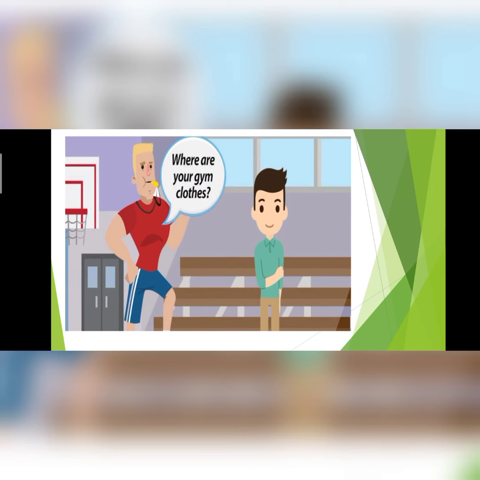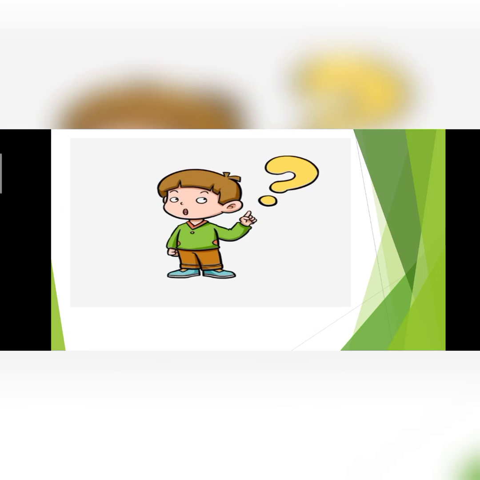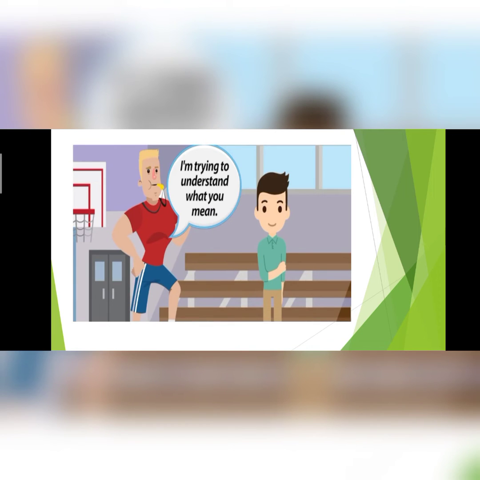For instance, when the teacher asks him why he's not wearing the appropriate clothes for the class, the student feels lost and can't explain that he forgot his gym clothes, so his parents will have to buy him a new set.